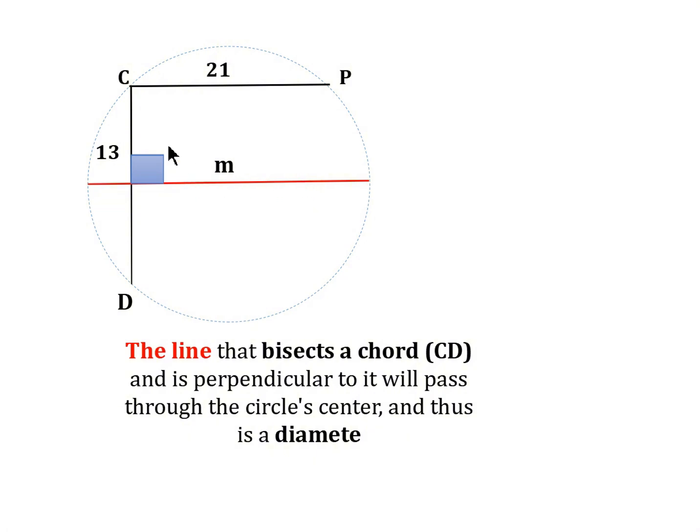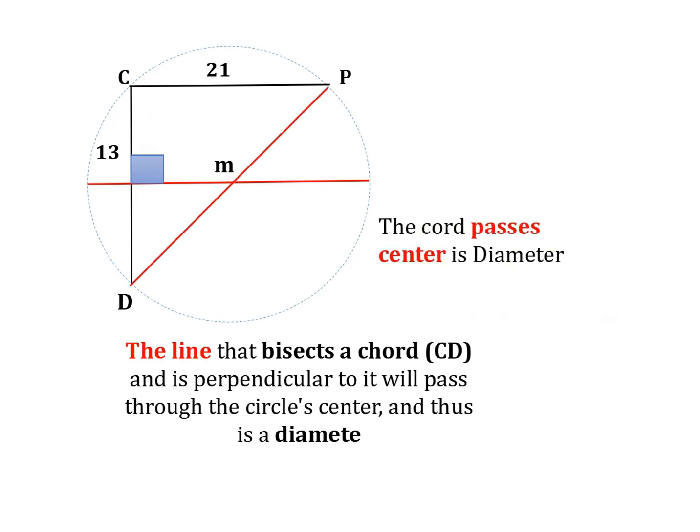And why is this a diameter? Because this red line is the bisector of chord CD. And there is another red line which also passes through the center. It means that DP is also a diameter of this circle. So we can conclude the chord that passes through the center is a diameter, right?